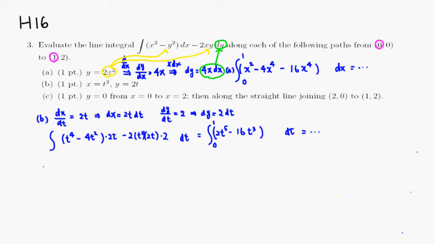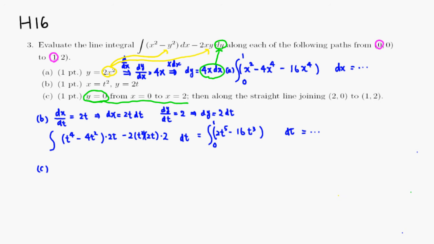Alright, how about part C? You want to go from y equals 0, which means on the x-axis, and then x equals 0 to x equals 2. Along this path, y is also 0, so dy is going to be 0 too, because the y value doesn't change, it's always 0.